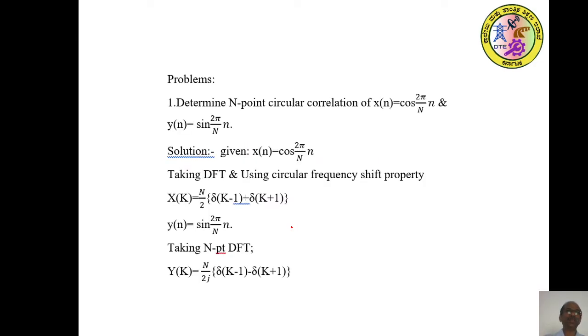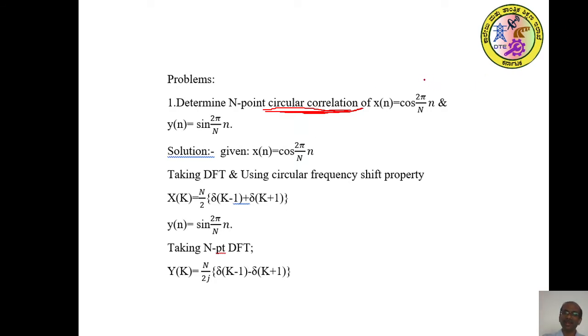To understand this property in a better way, I have solved 2-3 problems. First problem is compute N-point circular correlation of. Try to read the question properly. The question can be circular convolution or circular correlation. So the same problem can be given for both conditions, with convolution or with correlation.